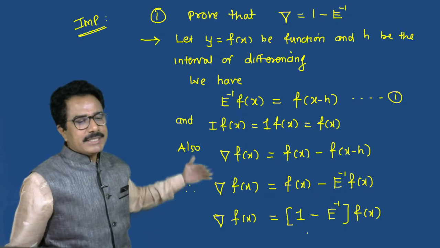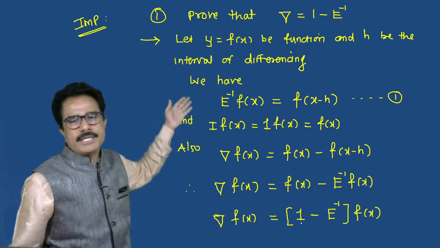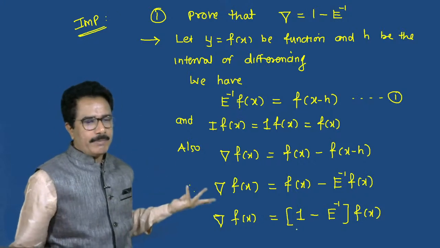Now by comparing the operators, we can write I also here. In place of 1 you can also write I, that is the identity operator. There is no problem.